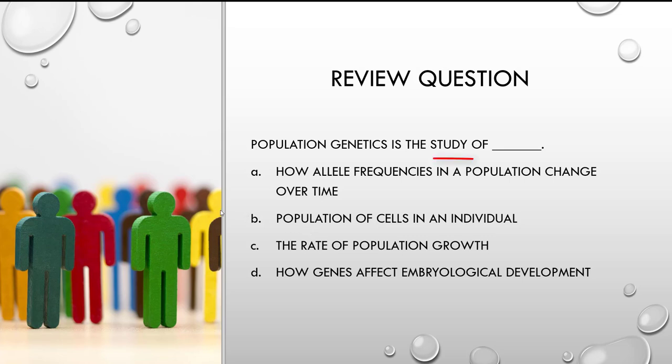If you said A, how allele frequencies in a population change over time, I would agree with you. Okay, so population genetics, we're studying those allele frequencies. Okay, so the p plus the q. So if those allele frequencies change over time, that's what we're studying with population genetics. Okay.